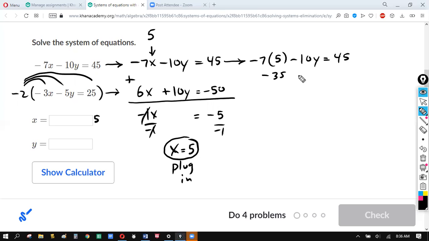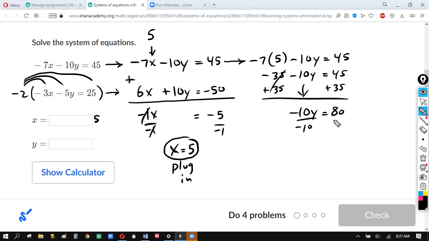So we have negative 35 minus 10y equals 45. Adding 35 to both sides, the 35s cancel. Bring down your negative 10y, and that's going to equal 80. Dividing both sides by negative 10, the negative 10s cancel, and y is going to be negative 8. And that goes in this box right here for y.